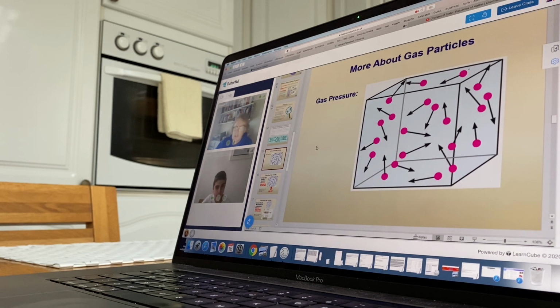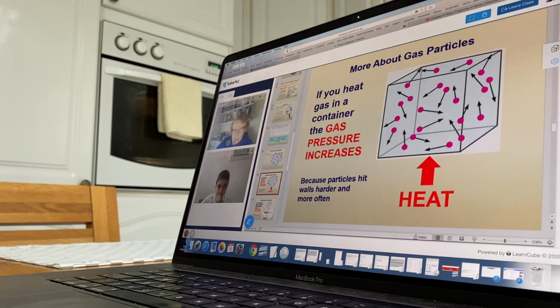If we put heat into something, heat gives you more energy. So if we gave more energy to those little particles, it would get higher. Higher, good. I'll show you on the next slide.